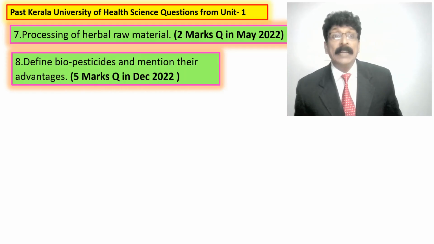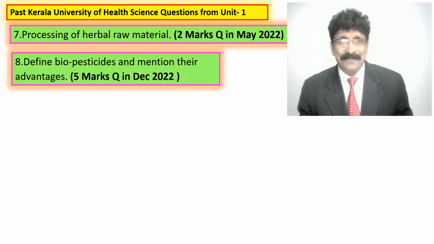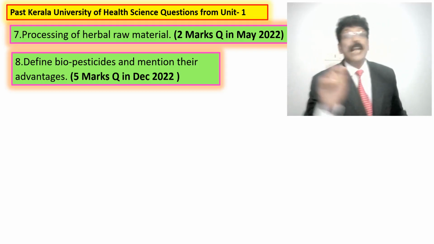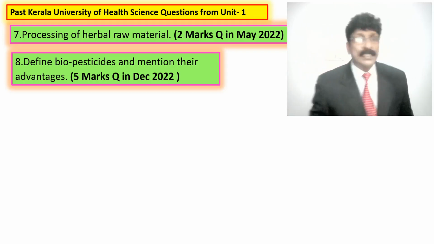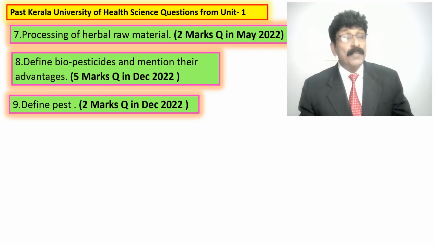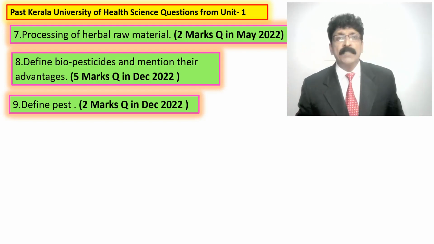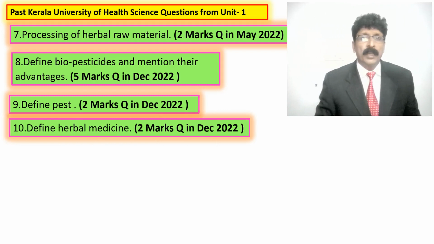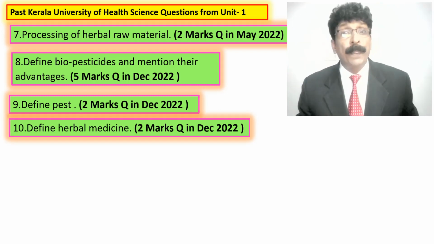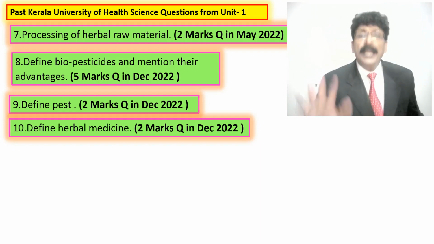And an 8 mark question: define biopesticides and mention their advantages. A 5 mark question in December 2022. And they asked from this chapter: define pest, a 2 mark question in December 2022. And in the same December 2022, a 2 mark question: define herbal medicine.